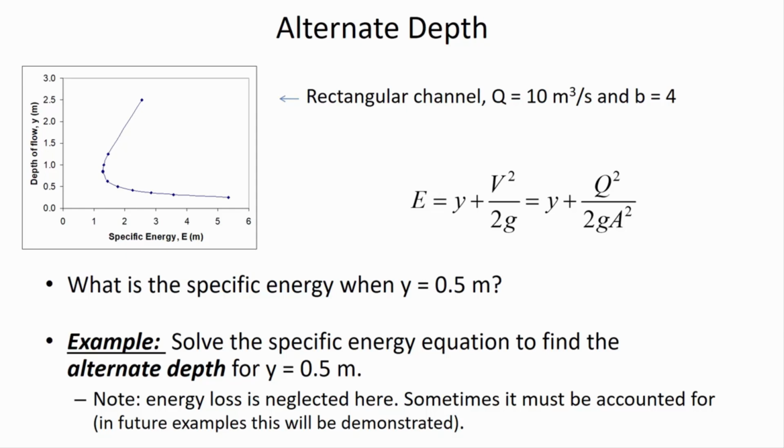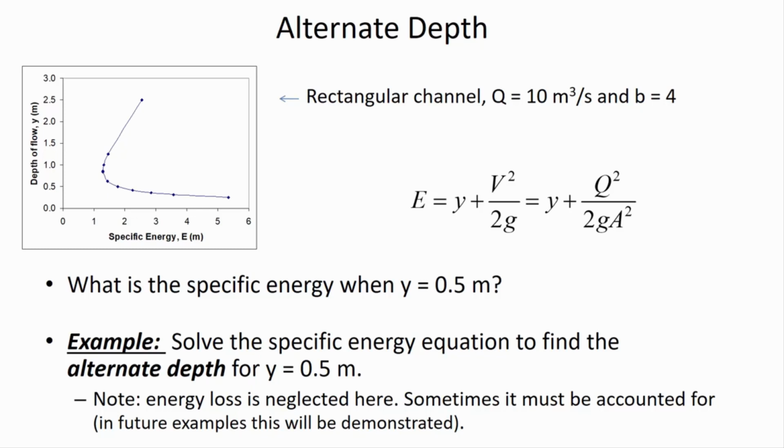And so if we're doing this for a depth of 0.5, then area is 0.5 times the width of 4, so the area is 2. Okay, so the area is 2, and we're squaring it from the formula.